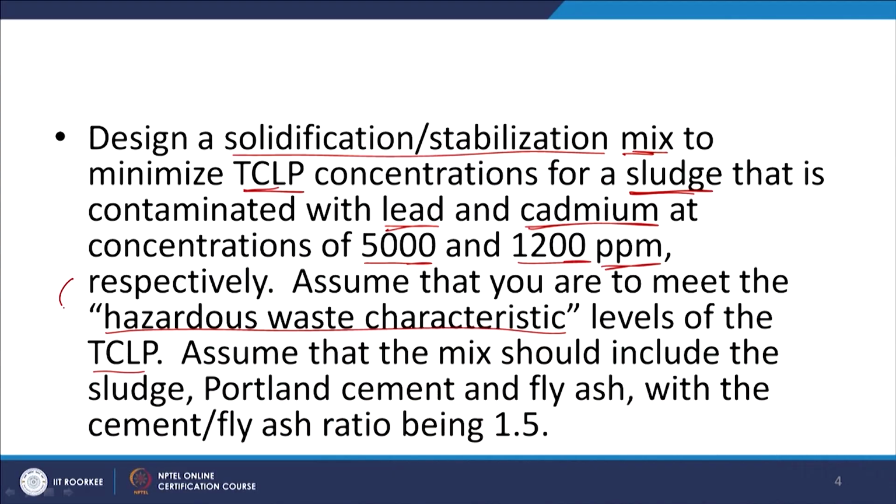So that is something to keep in mind. Assume that the mix should include the sludge. So it seems the options you have are Portland cement and fly ash, and one other factor that helps you solve for the relevant system is that the cement to fly ash ratio is 1.5.